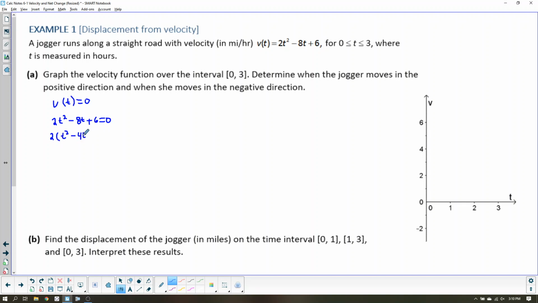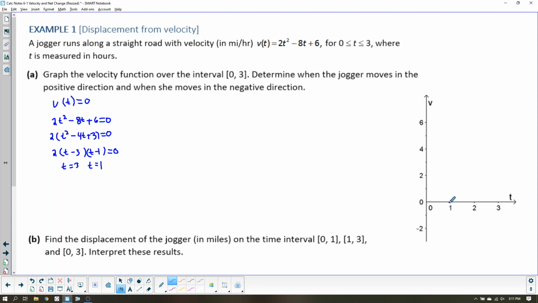That gives us this, which makes it a little easier to factor. Alright, so this one factors easily. We can see it's going to be t minus 3 and t minus 1. So that gives us solutions of 3 and 1. So this is when velocity is 0.